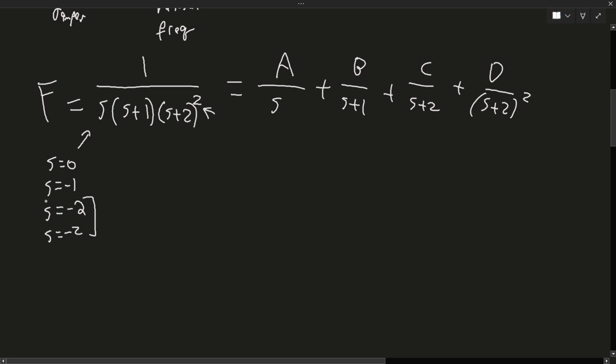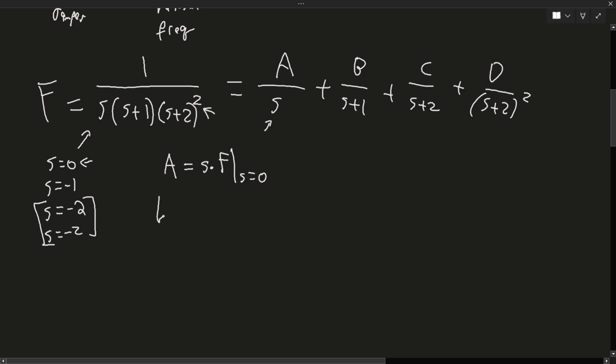I always do this just so it's easier to see. When this happens, we can say that A is equal to s times the function, and you evaluate this at s equals 0. Basically, you're taking the denominator and multiplying it, so this goes away. And then you evaluate it at the pole.